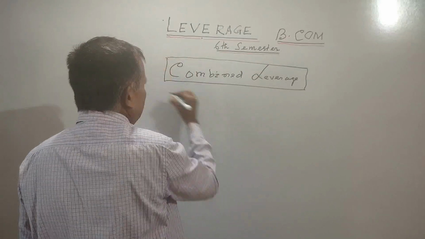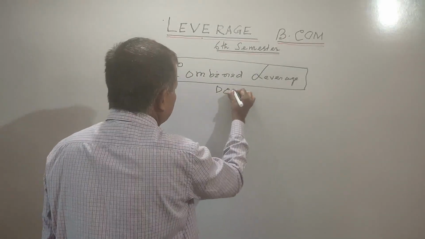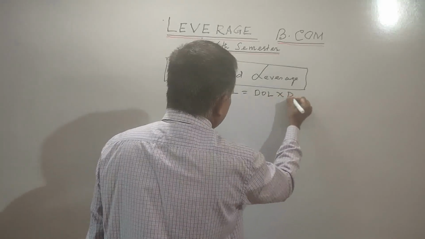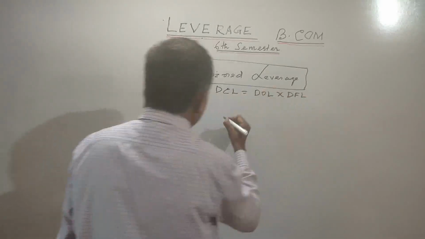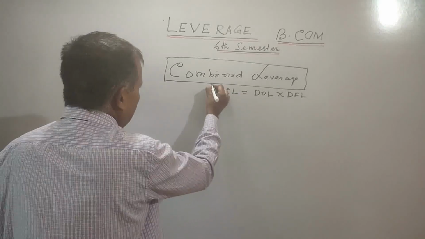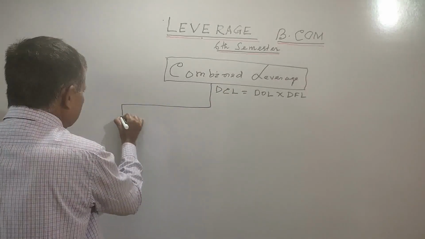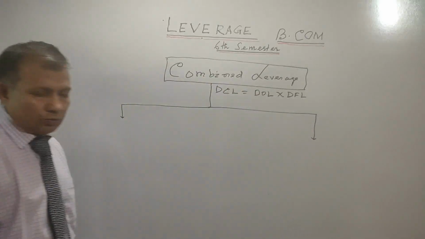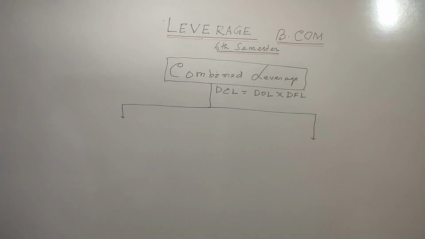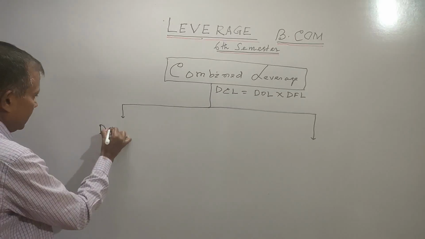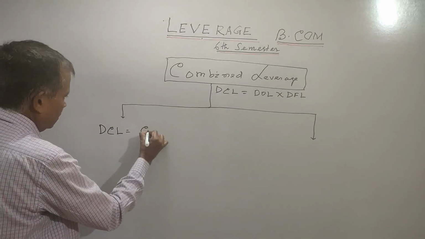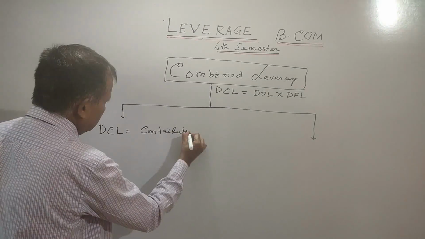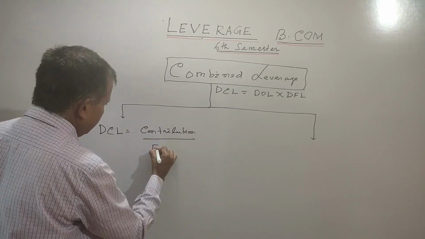This combined leverage is nothing but DCL equal to DOL into DFL. Now there are two formulae. One is DCL equal to contribution by EBT.